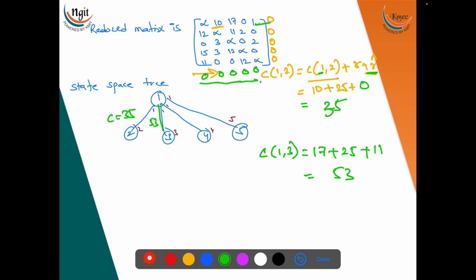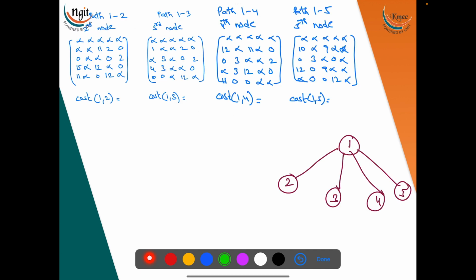Now again find the C of 1 comma 4 cost. If you find the 1 comma 4 cost by the same procedure, these are the values. I'm just writing directly because I have explained the procedure you have to follow. Follow the same procedure and you will get the cost of each one.